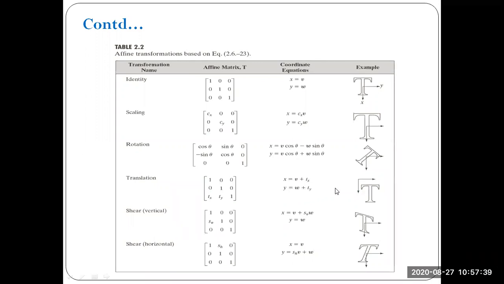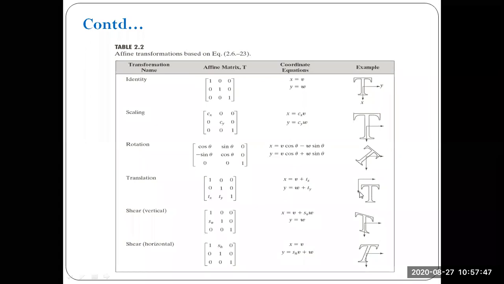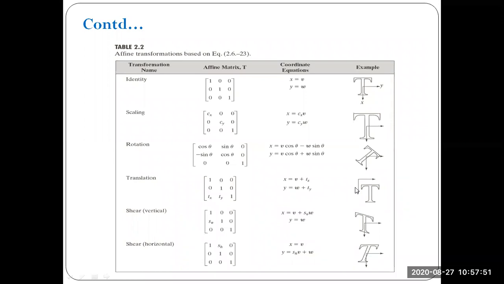In this case, the lettering of your T will be changed from the original to another one, like a different font. Your image T will be translated into another lettering T.